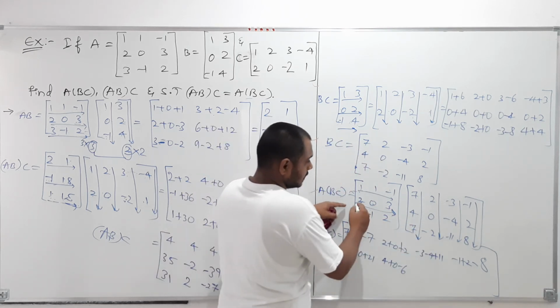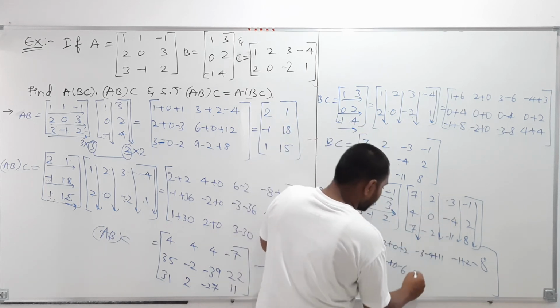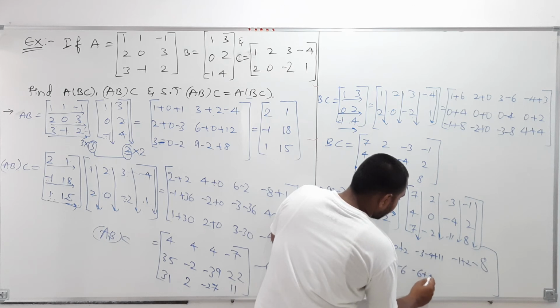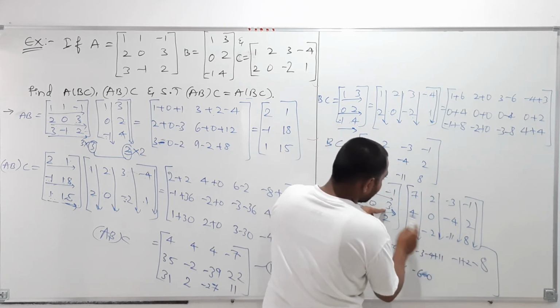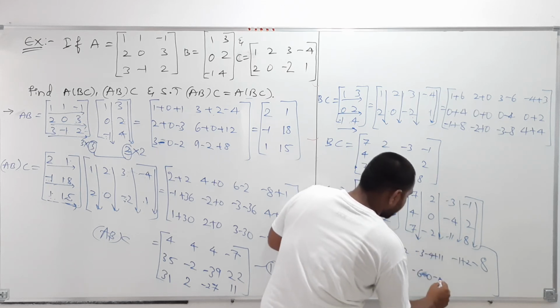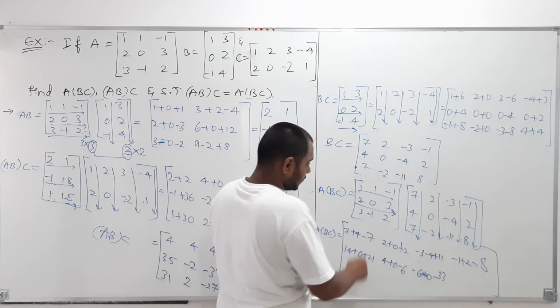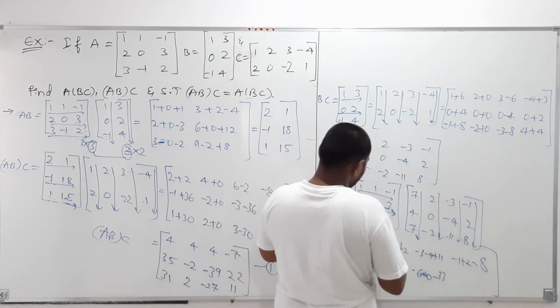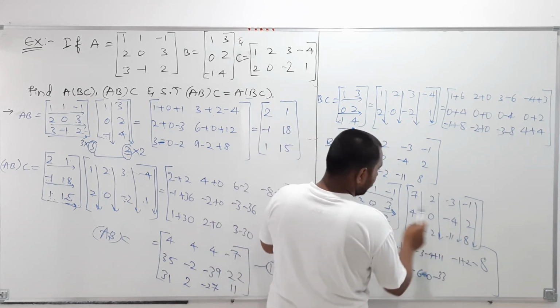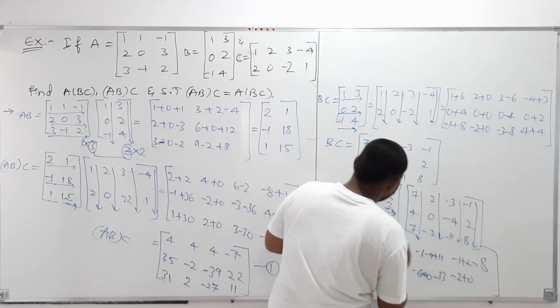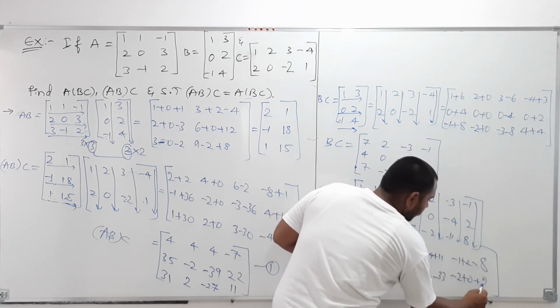Next, my dear students, second row third column, minus 3 2s are 6, plus 0 into minus 4 is 0 because 0 into anything is 0. Next plus minus minus 11 3s are 33. Clear? Next second row fourth column, 2 into minus 1 is minus 2, 0 into anything is 0, plus 3 2s are 24.